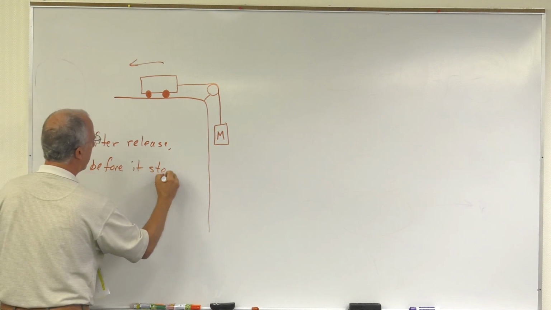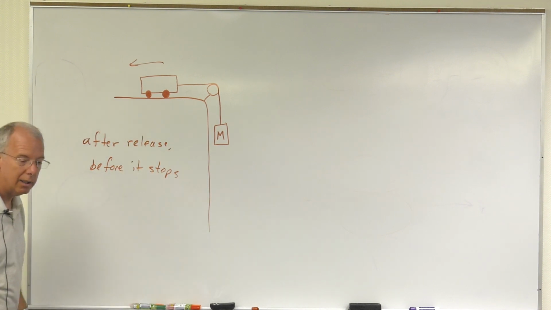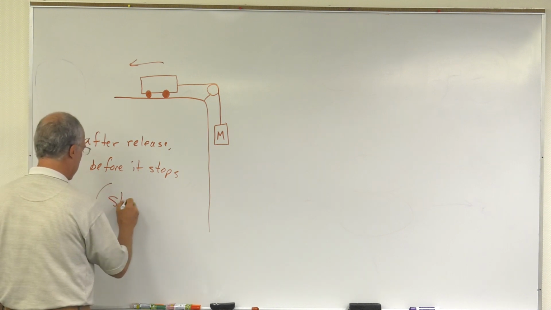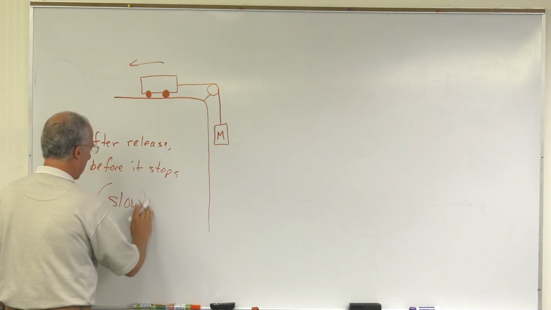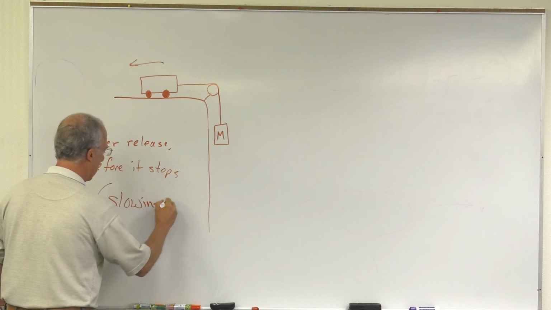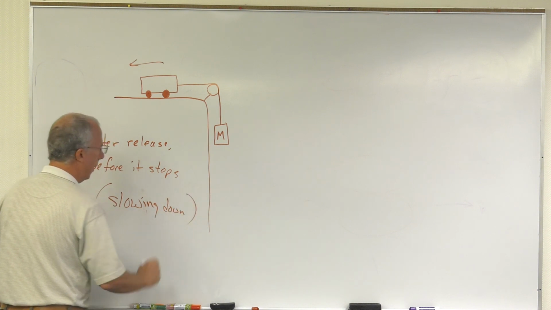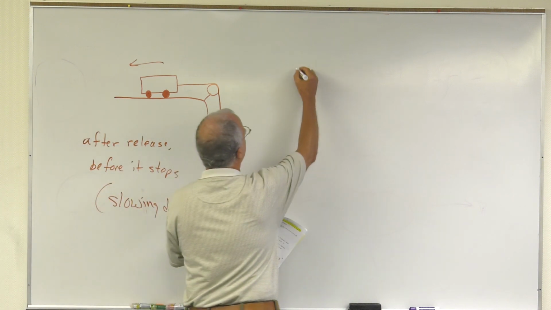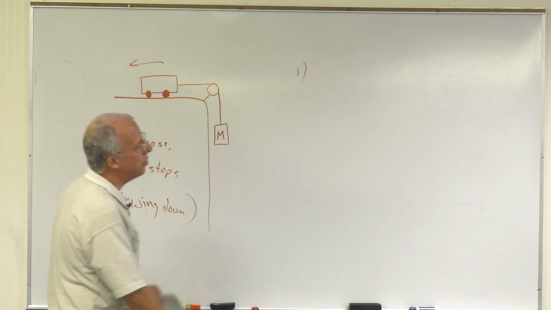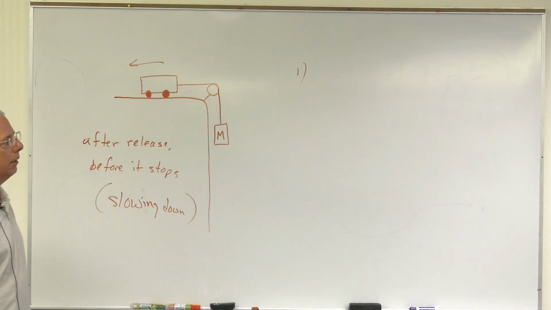So basically, what's it doing? It's just slowing down, right? So in other words, it's while it's slowing down. Okay, so here we go. Does the K of the cart increase or decrease? Well, it's slowing down, right?